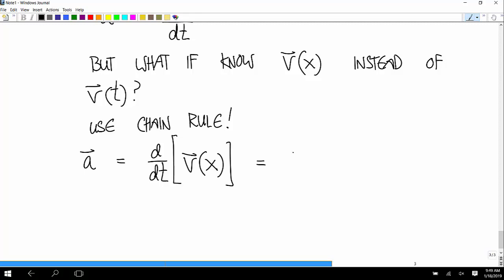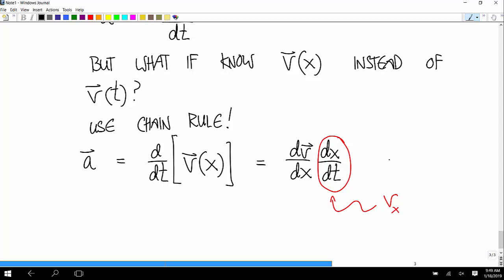And so we can write that as dv dx times dx dt. dx dt is just the x component of the velocity. And so the acceleration is dv dx times the x component of the velocity.